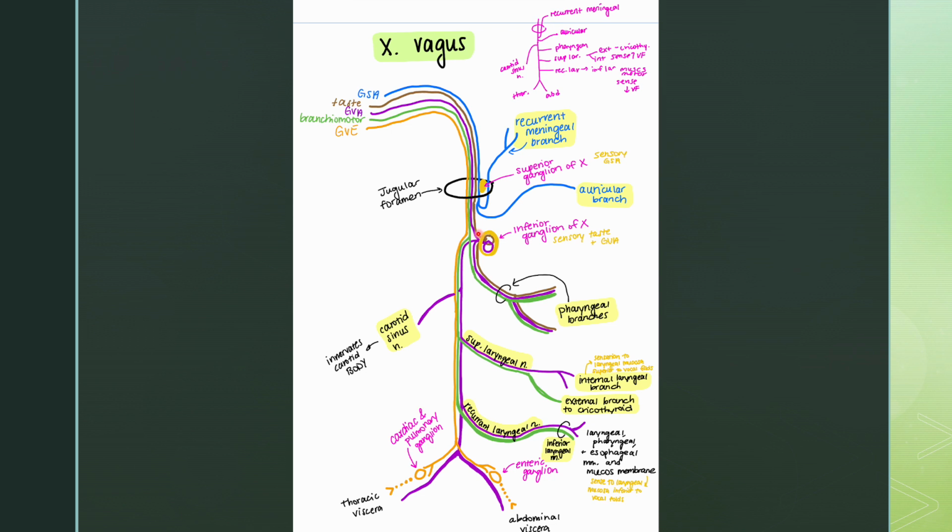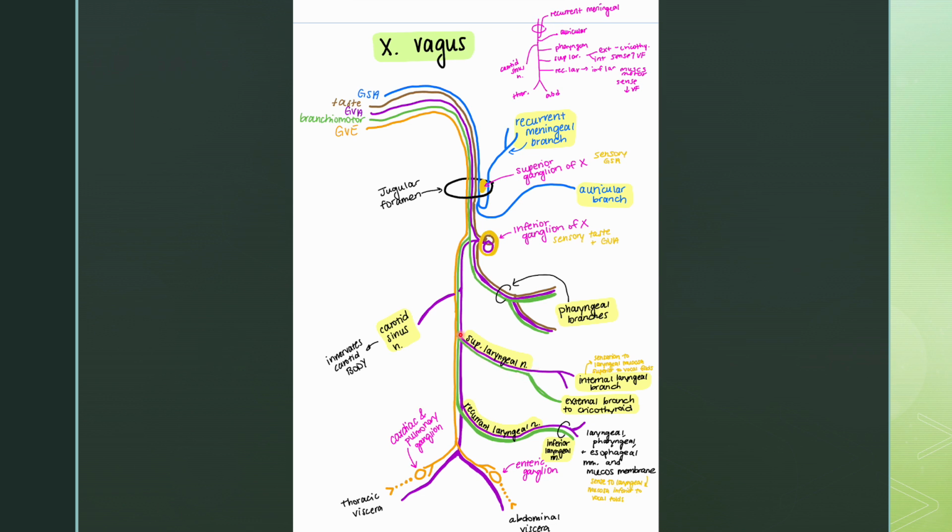So then, like I said, you hit that inferior ganglion of cranial nerve 10, the sensory ganglion. And then as the vagus nerve goes down, you're going to give off these branches. The first thing that's going to come off is the pharyngeal branches, and those are going to have branchiomotor, visceral sensory, and taste. Then you go down and you have the superior laryngeal nerve coming off.